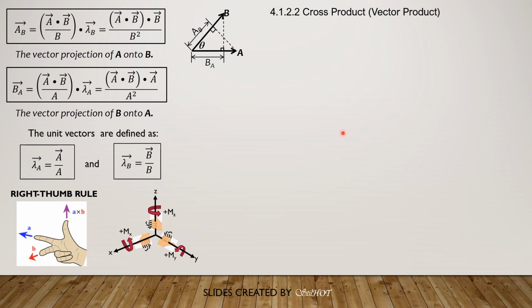So next we have the cross product, or the vector product. The result is really a vector, as indicated in this right thumb rule here. So A cross B is equal to AB sine of theta.